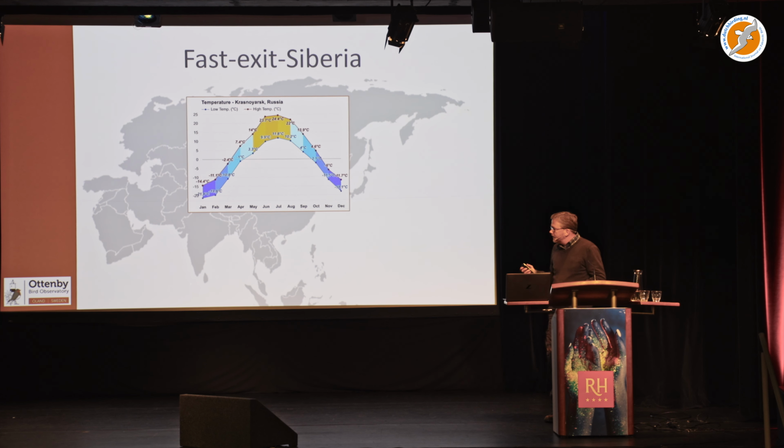But I don't think that the temperature is the only reason for this moult pattern. Partly because this moult pattern is not consistent among the Siberian birds. There are other moult patterns present in other species. That's one reason.